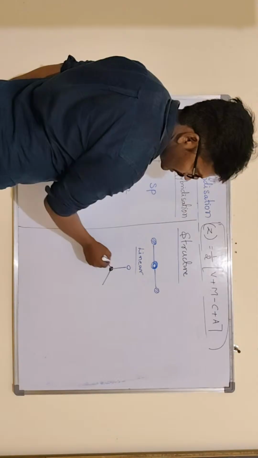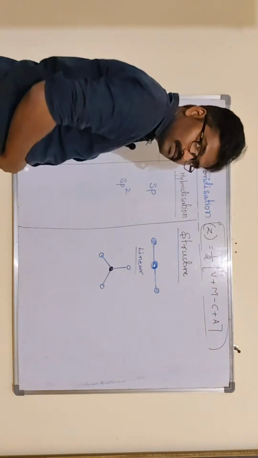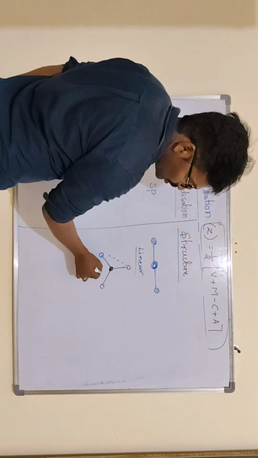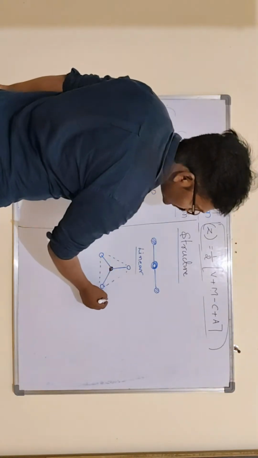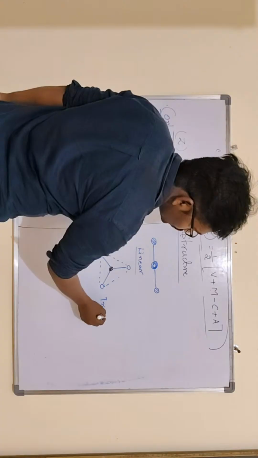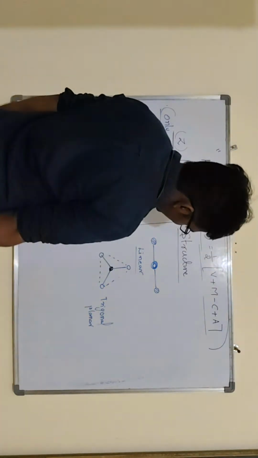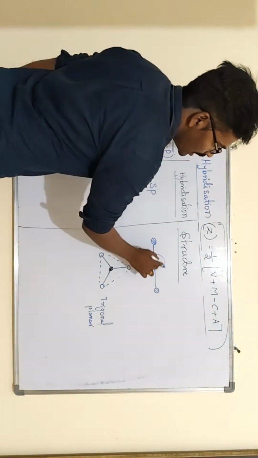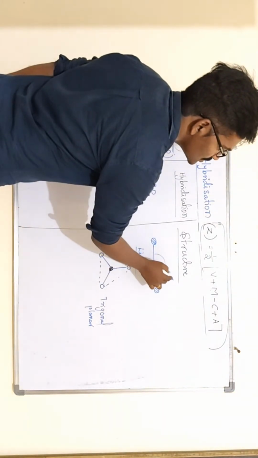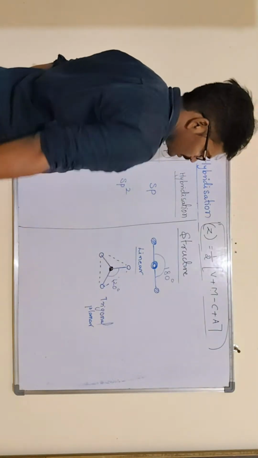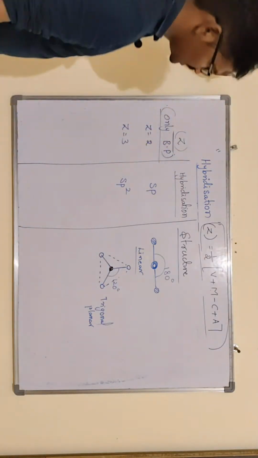Now this is a trigonal planar geometry. Trigonal planar. So here bond angle is 180 degrees in linear. Then here bond angle is 120 degrees. Bond angle how much? 120 degrees.